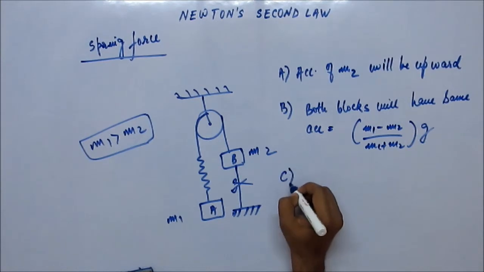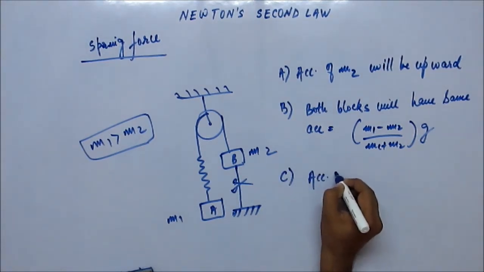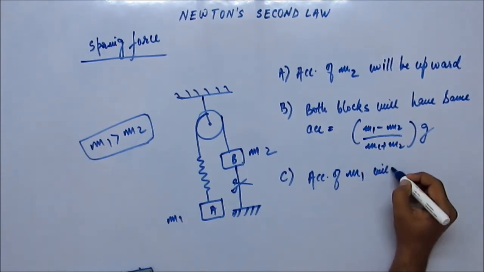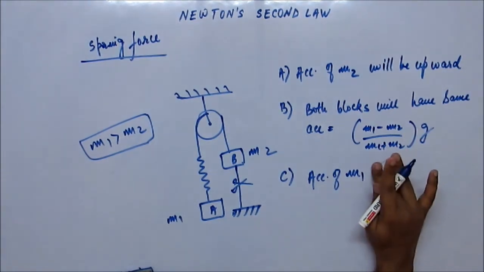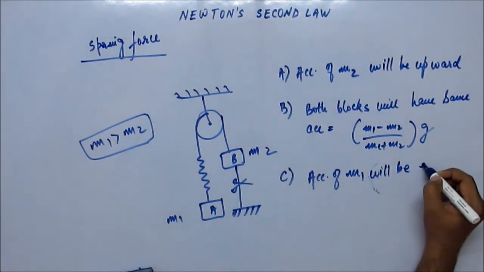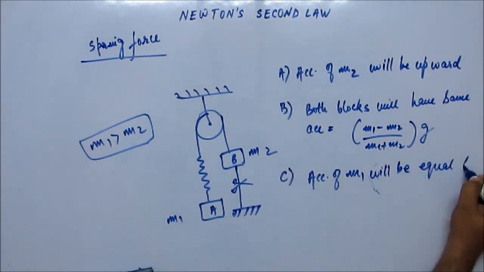Option C: acceleration of m1 will be equal to 0.